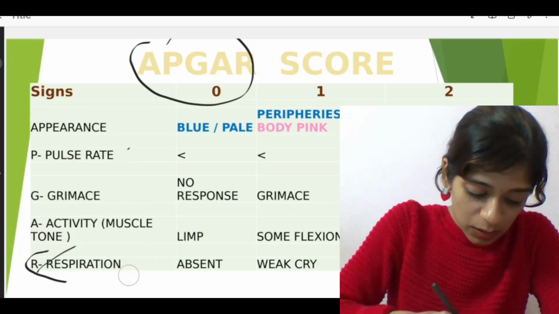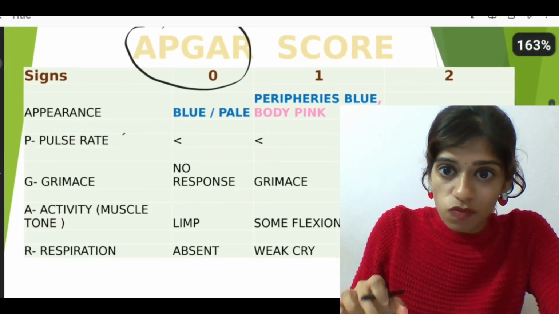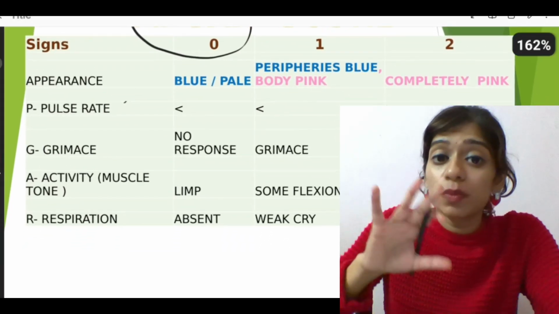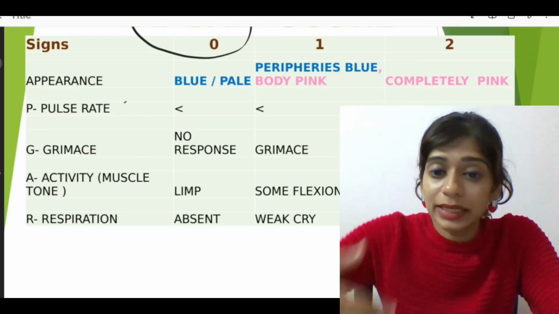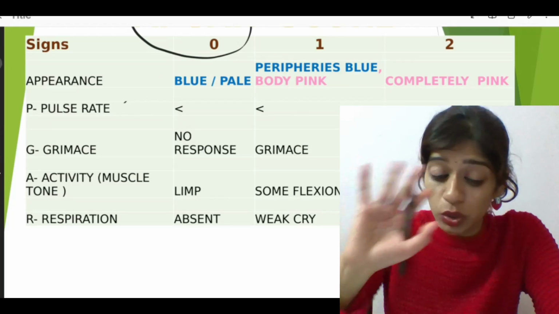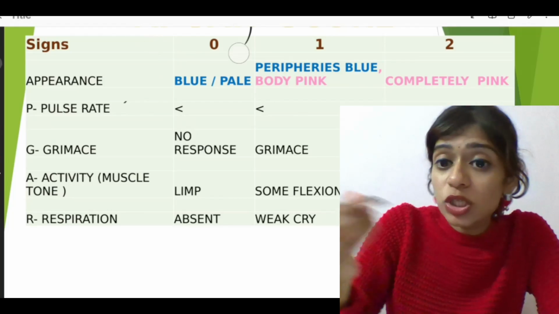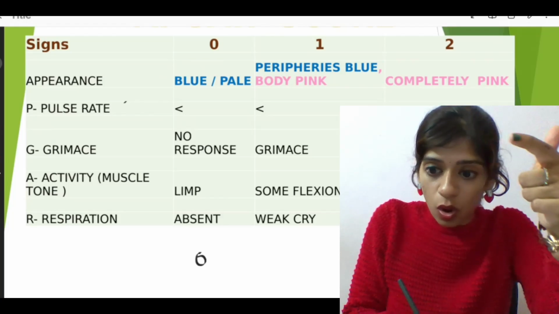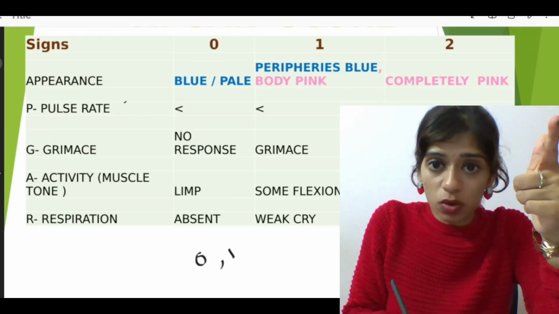Let's start with appearance. If the baby is looking blue or pale completely, the entire body is looking pale or cyanosed, you will give a score of 0. Okay, see, which scores can you give in Apgar? You can give either a score of 0, 1, or 2.